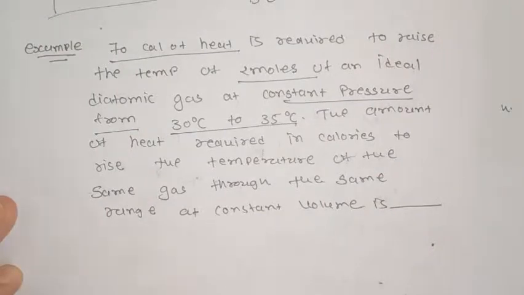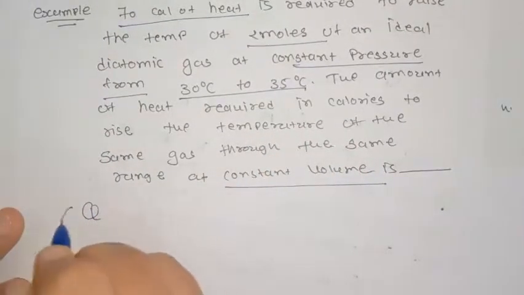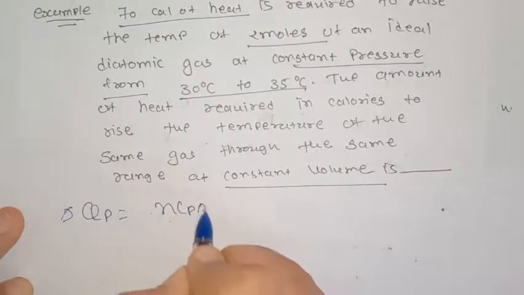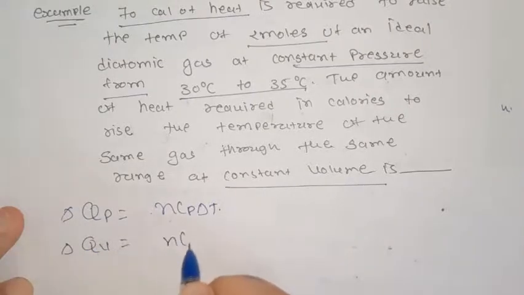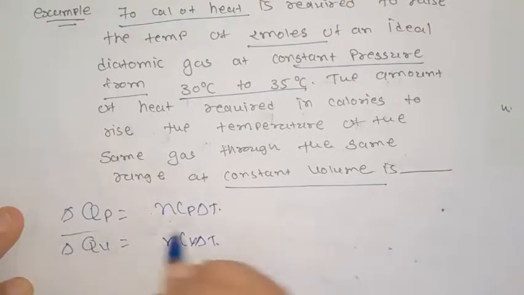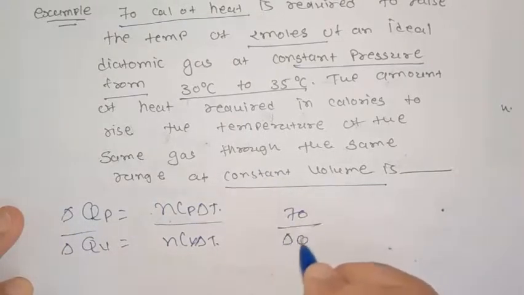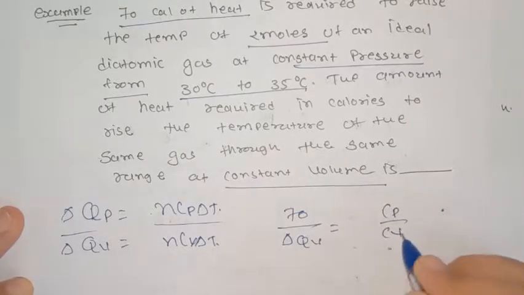The amount of heat required in calories to raise the temperature of the same gas through the same range at constant volume is: at constant pressure, delta QP will be equal to n Cp delta T, and at constant volume it will be n Cv delta T. Taking the ratio, delta QP, given 70, divided by delta QV is equal to Cp by Cv.